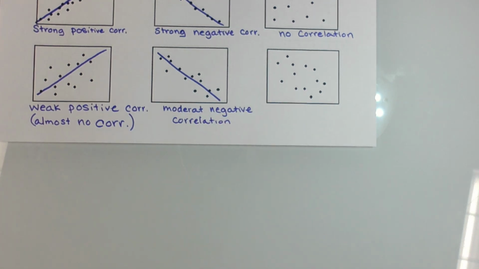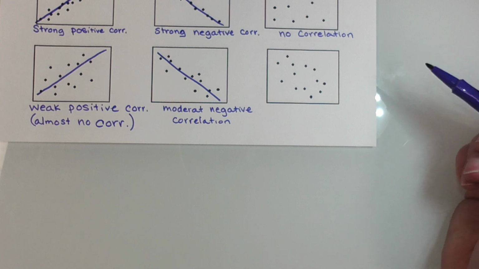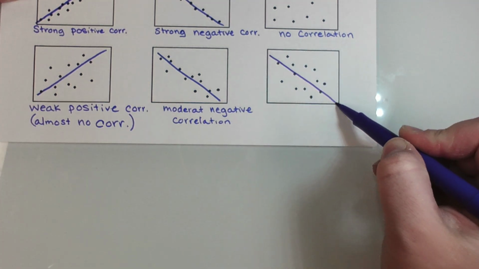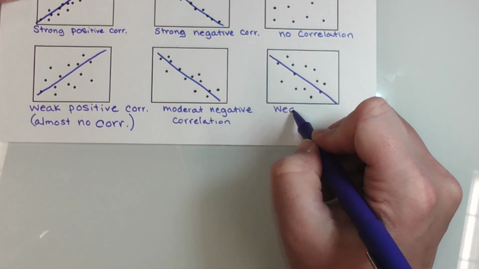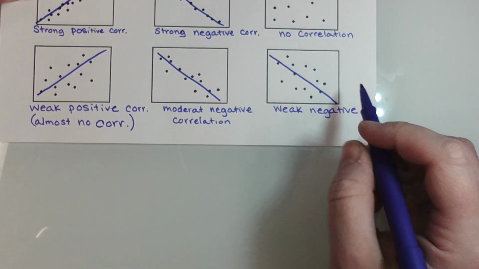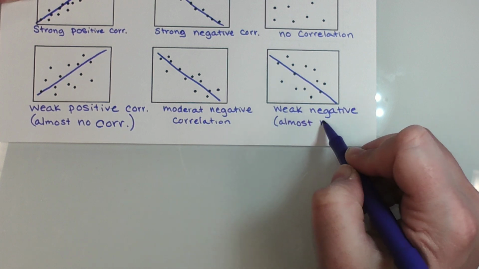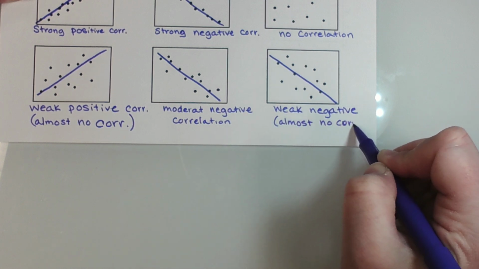The last one, are they forming a line-ish or no? Kind of. Not great. This one's definitely a very weak negative. Again, a situation where it's almost no correlation at all.